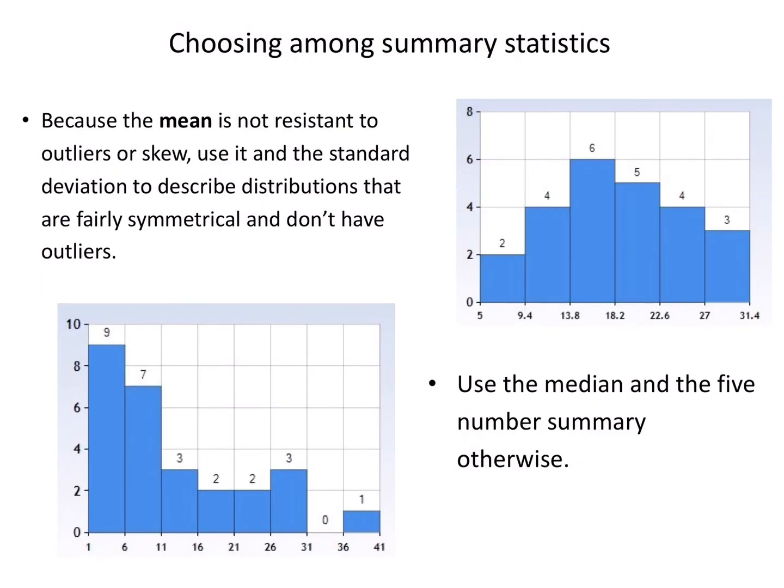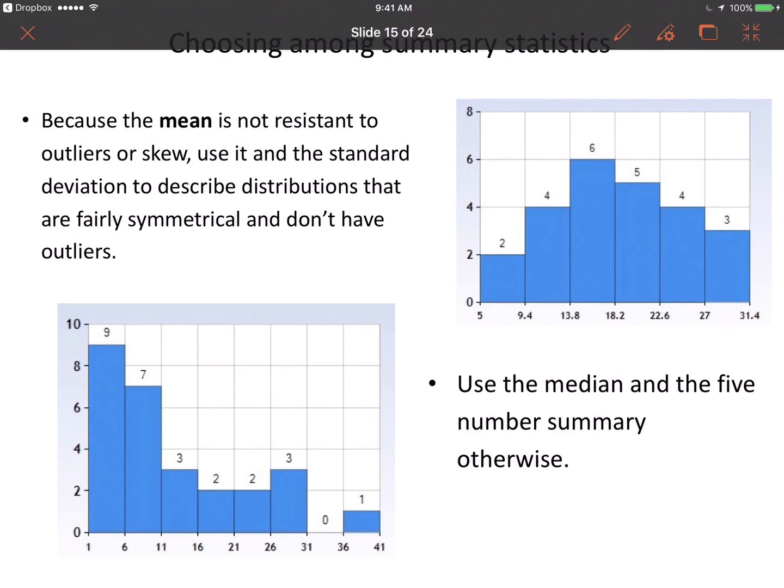All right, how do we choose whether we want to use the mean and the standard deviation to describe center and spread of our data, or if we should use the median and the 5-number summary to describe the center and spread? So what that means is that the mean is sensitive to outliers and skew, right?